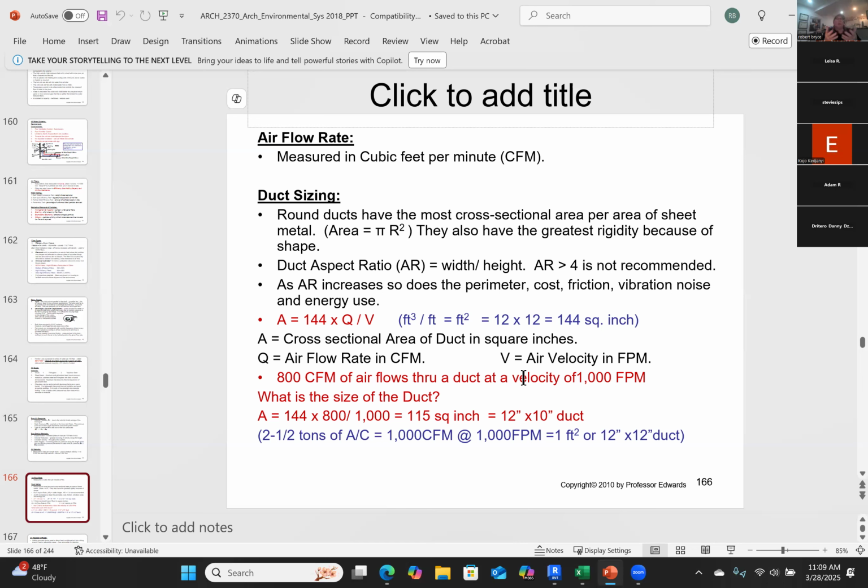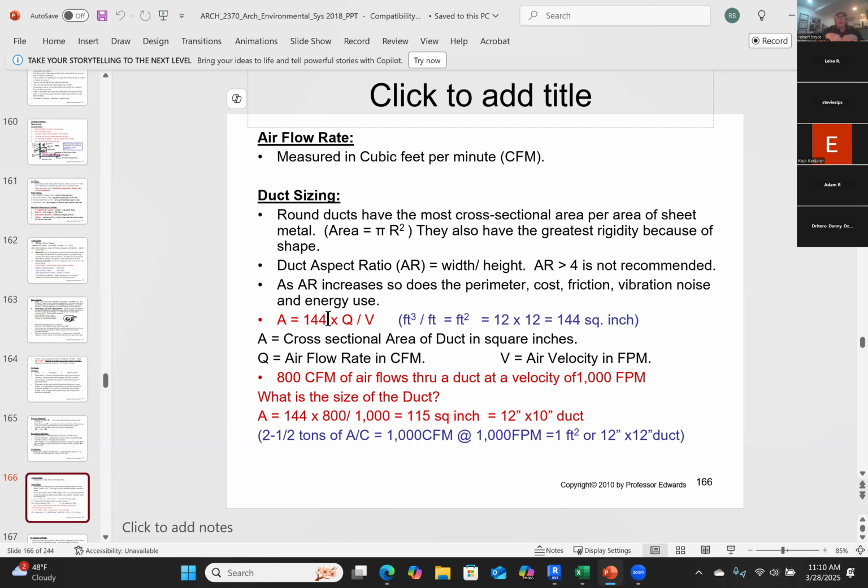If we know the airflow in CFM and the velocity in feet per minute, we can calculate the duct size requirements. We would simply say that the area of the duct is 144, which is 12 times 12, so we're taking square feet and turning it into square inches.